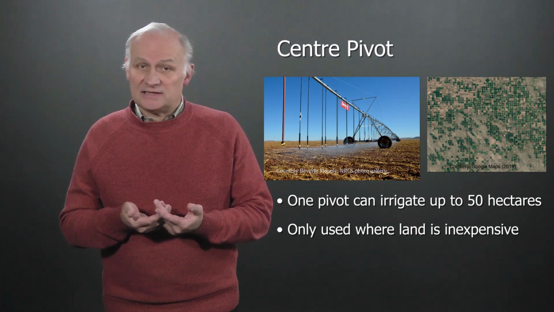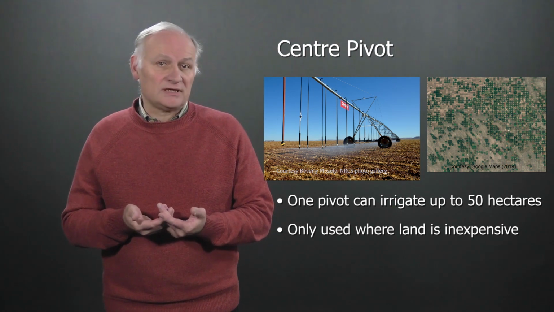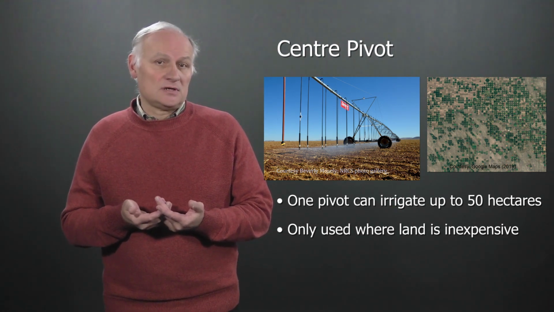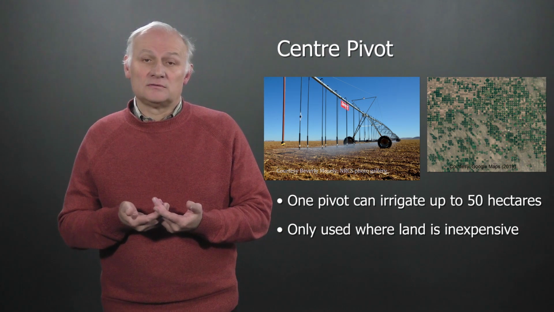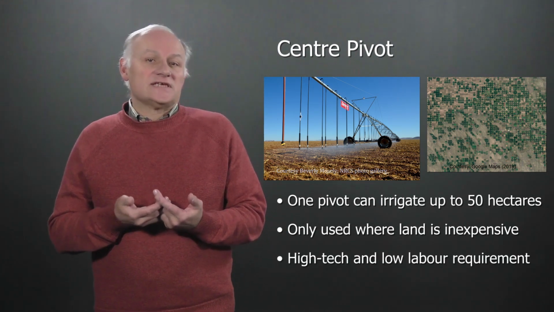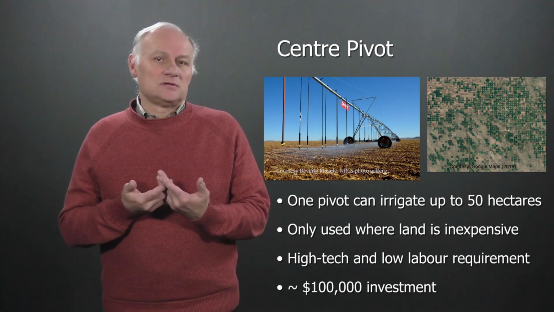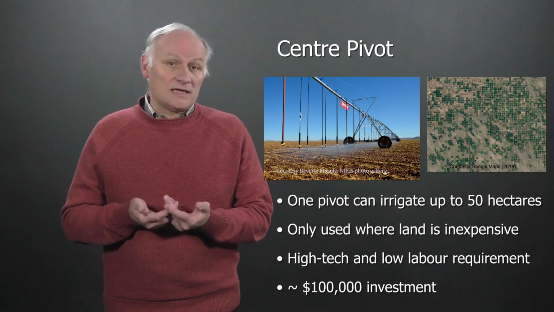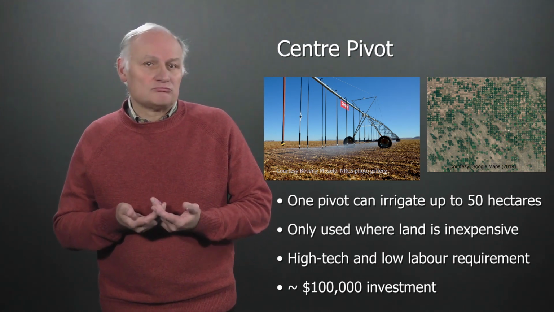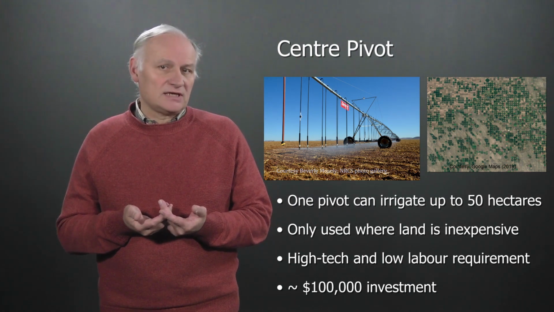It is also quite high-tech, requiring a continuous and reliable supply of electric power. But the very low labor requirements are very good. A center pivot will cost in the order of magnitude of $100,000. And therefore, this amounts to about $2,000 investment per hectare for an irrigation system.